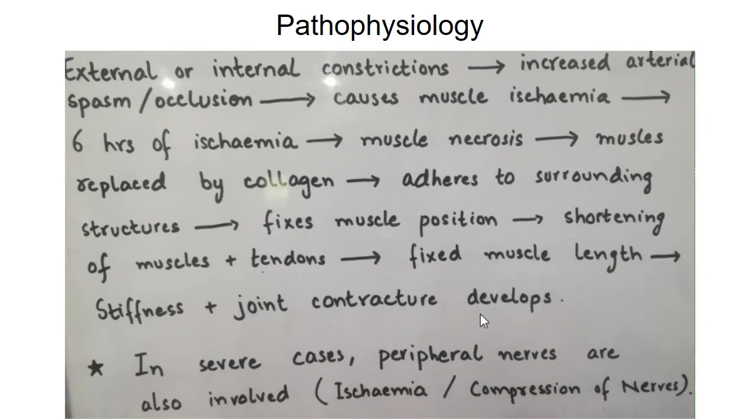There is flexion at the elbow, wrist and all the fingers. In severe cases, peripheral nerves are also involved due to ischemia or compression.